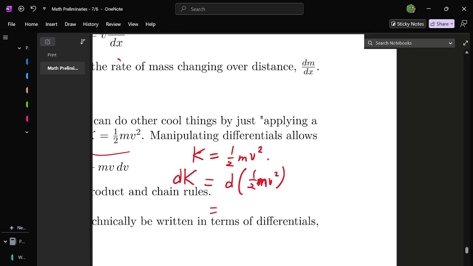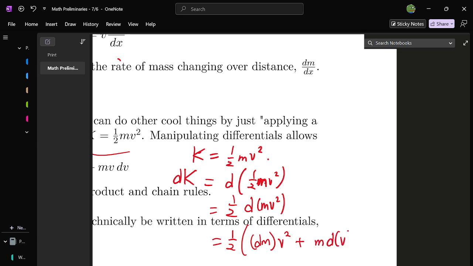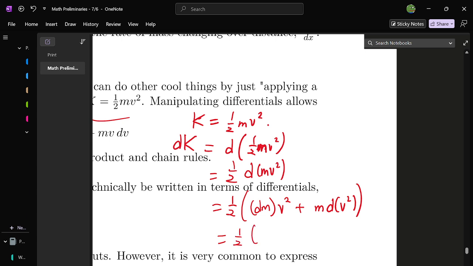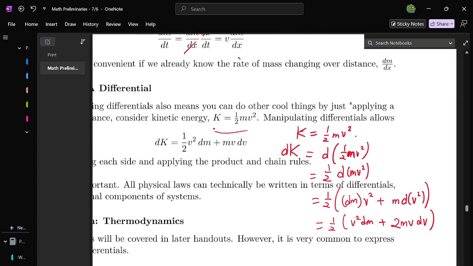By doing so, we can invoke the product rule, the chain rule, and you can just get this to be half dm v squared plus m d of v squared, so half v squared dm plus m v dv, which is exactly what we have there.